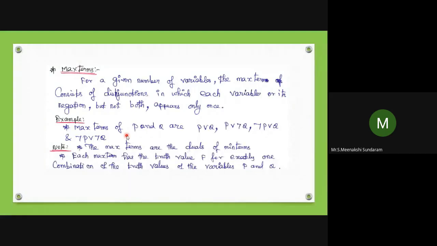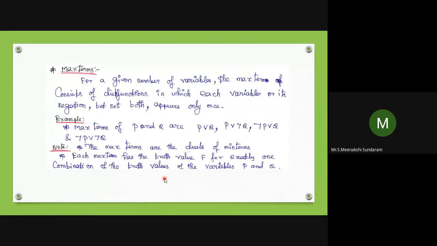So the max terms are the dual of min terms. Sometimes you can convert into the remaining min terms to find the max terms. That is duality. Suppose the output has 3 true and only 1 false. Suppose 4 inputs, you can take it as 3 true, 1 false. Then 3 min terms are there and 1 max term will come. So the 4th one also you can write as a min term.